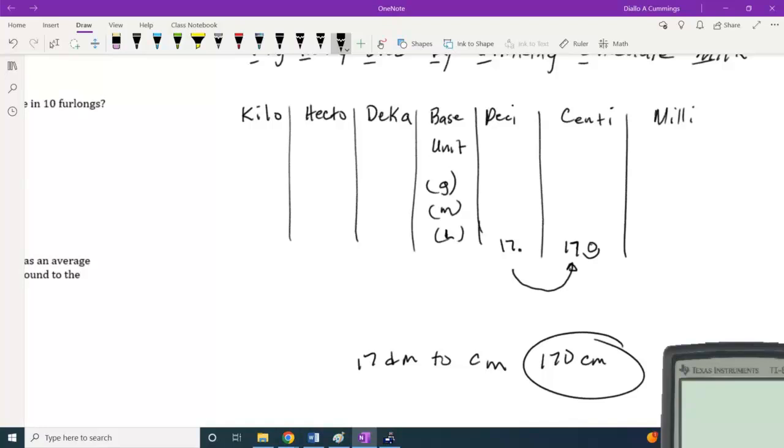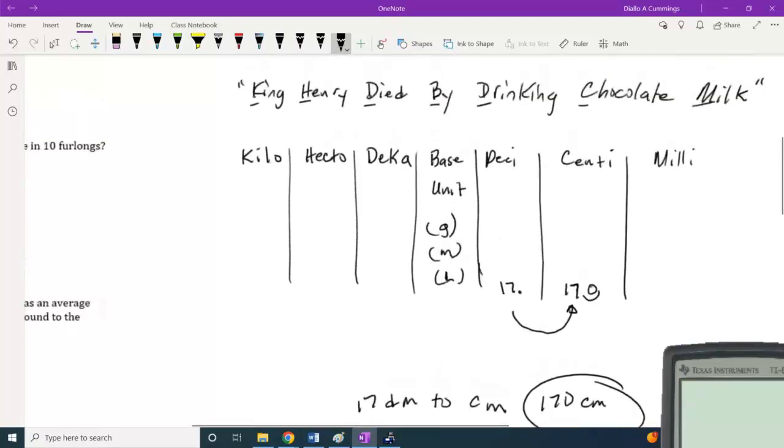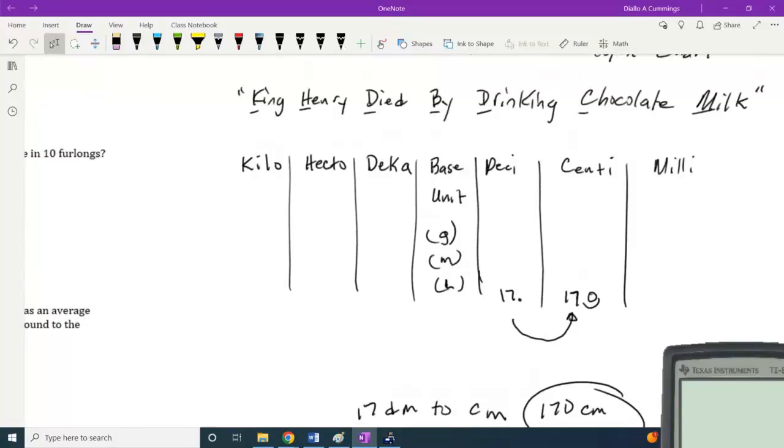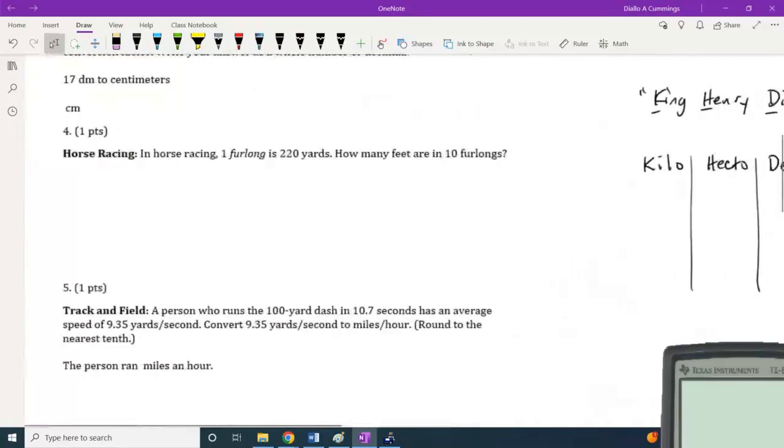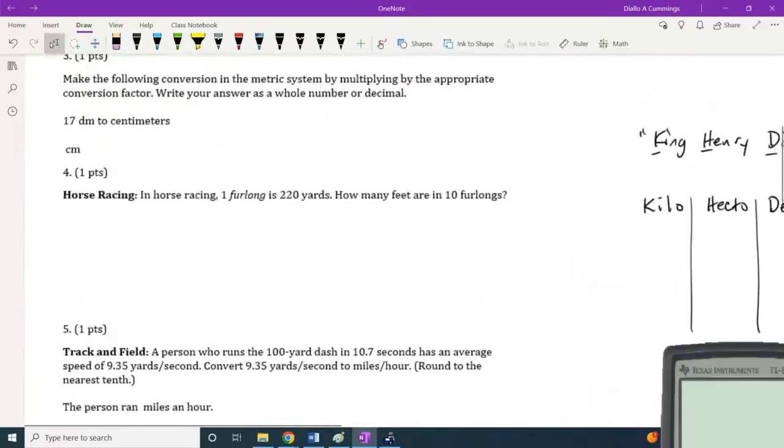So it's just a matter of placing your number in this metric system chart and moving your decimal accordingly to what you're trying to convert your unit to. So the answer for this one, 17 decimeters is 170 centimeters.